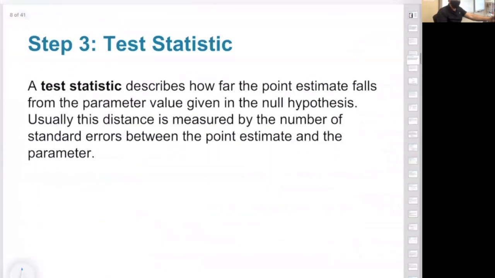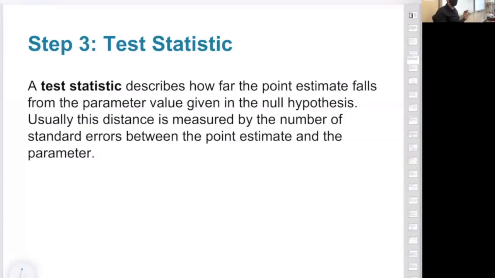The test statistic, as I said to you, this is our lab. This statistic will measure how far the point estimate falls from the population parameter we assume in the null hypothesis. If you remember, this definition is close to the definition of Z score or T score.